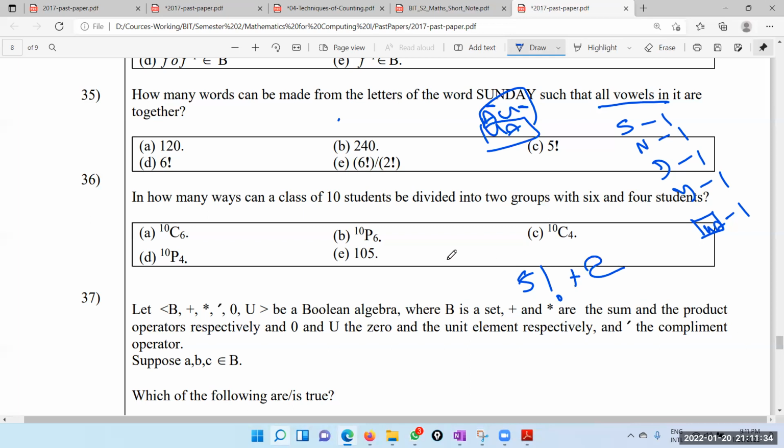Factorial 5 is 5 into 4 into 3 into 2. And again we have to multiply it by 2. 5 into 4 is 20. 20 into 3 is 60. 60 into 2 is 120. 120 into 2 is 240. So 240 possibilities. Anyone got the answer as 240?